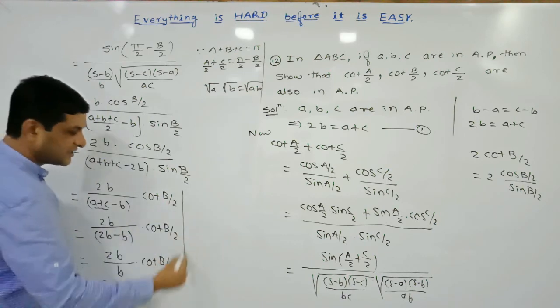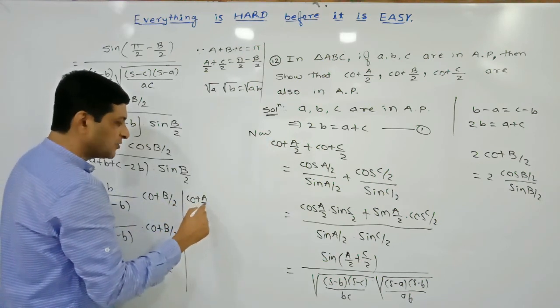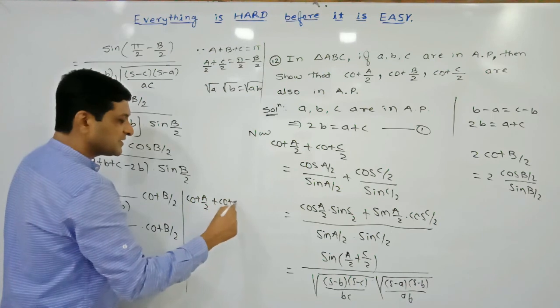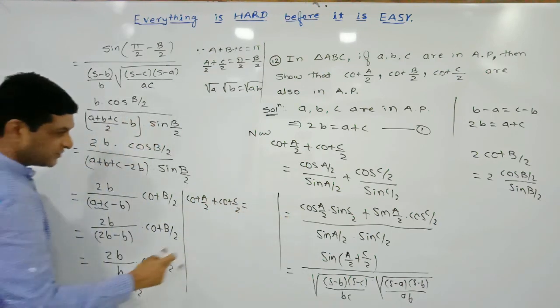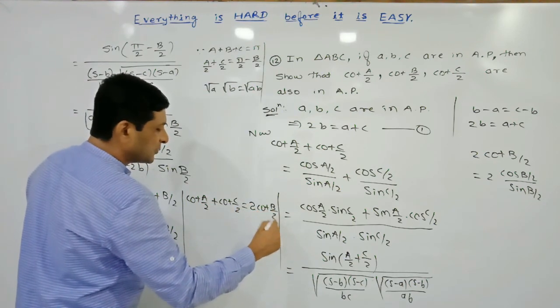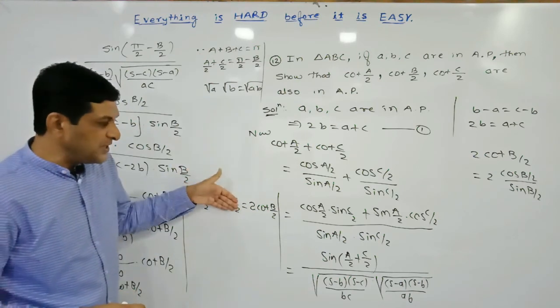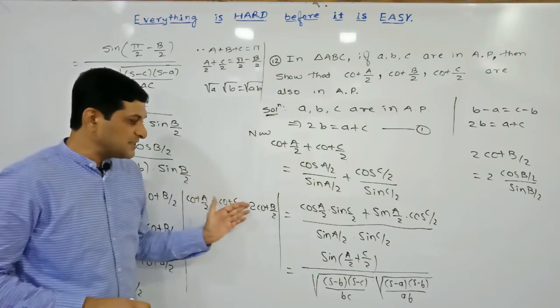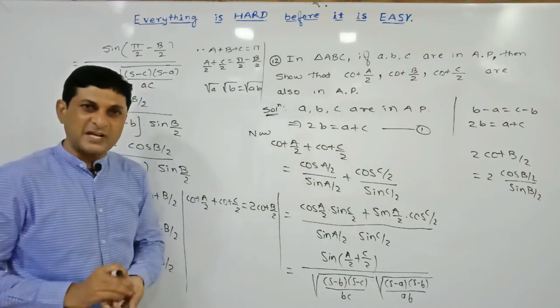In this way, what result have we got here? What is our left hand side? That is cot A/2 plus cot C/2 is equal to, and what result have we got? It is equal to twice cot B/2. If this condition is satisfied, that is, a plus c is equal to twice b, we can say that the three terms are in what?